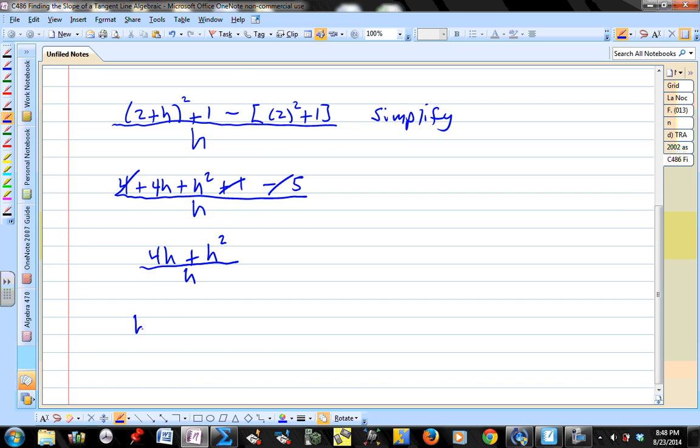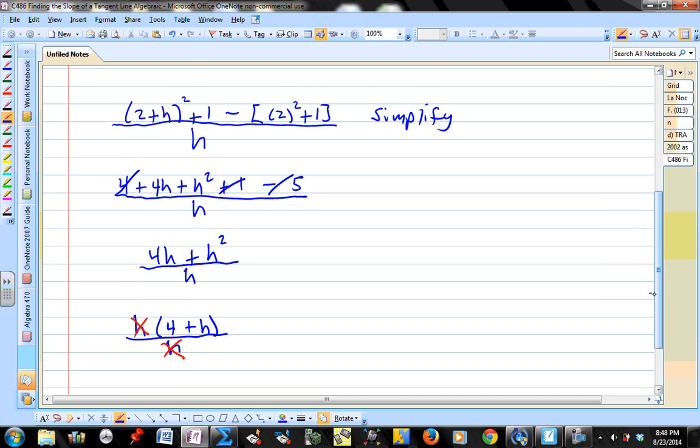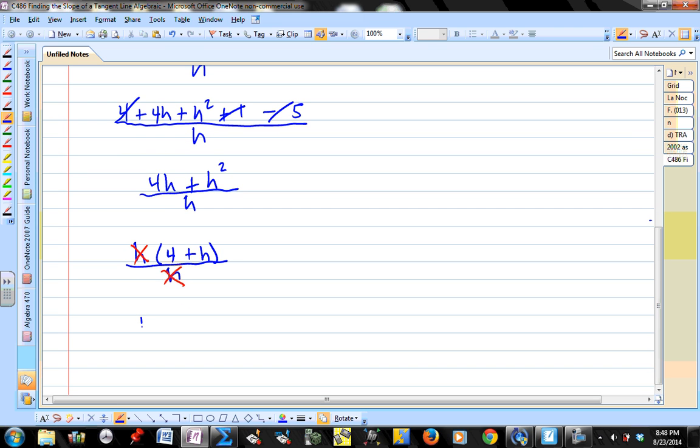Okay, factoring out an h in the numerator gives us h times the quantity 4 plus h all over h. Now the h in the numerator eliminates the h in the denominator, and we're left with 4 plus h. So you can see the slope of our secant line at the point where x equals 2 is going to be 4 plus h.